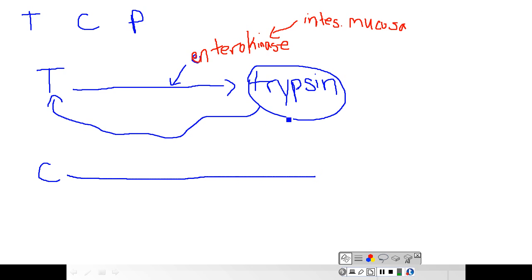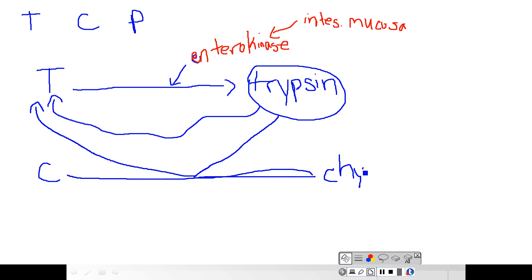So this trypsin helps convert the C into our T. Of course, it will make more trypsin. As well, it helps in converting it into chymotrypsin, which is CHYMO trypsin.